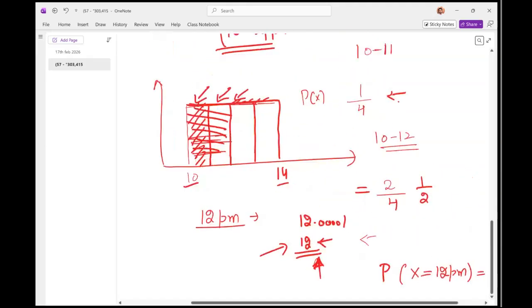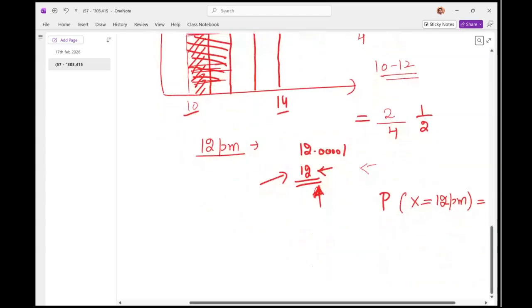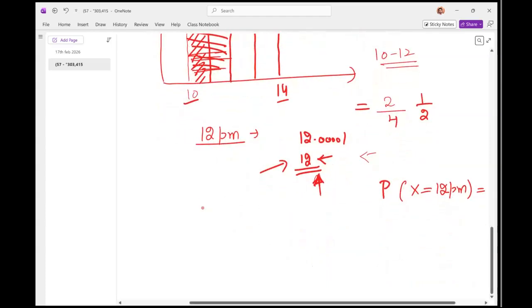Now let's take one more question on this one. What is the probability that the agent is going to come to your house in the last 1 hour? So the probability of the agent coming to your house between 13 to 14 hour.